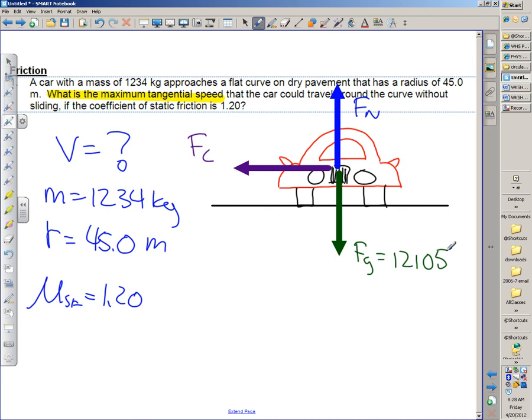And then we talked about conceptually, that also means what has to be true about normal force. That has to be the same as well. This has to be 12,105.